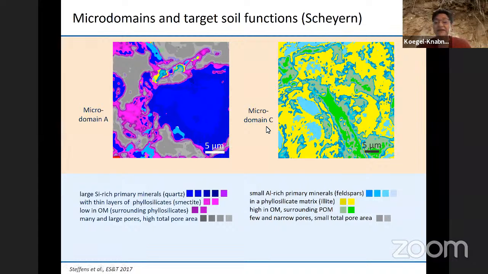The microdomain C looks completely different. It has these blue parts that are small, aluminum-rich, most probably primary minerals like feldspars, but they are in a phyllosilicate matrix. The yellow, this is most probably illite, and they are high in organic matter themselves, and they surround particulate organic matter, which is the green.